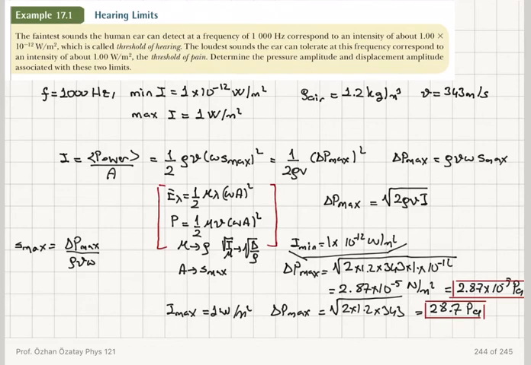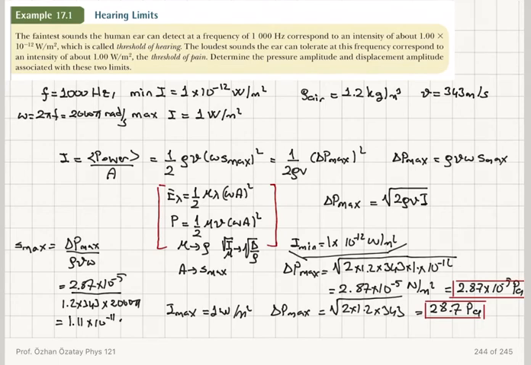I can just calculate what rho v omega is and substitute. 2.87 times 10 to the minus 5 for the threshold of hearing, divided by 1.2 times 343, and omega is equal to 2 pi f, so it is 2000 pi radians per second. I will obtain an S max of 1.11 times 10 to the minus 11 meters.